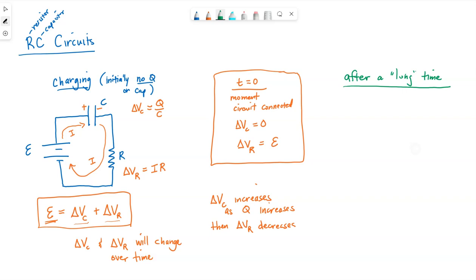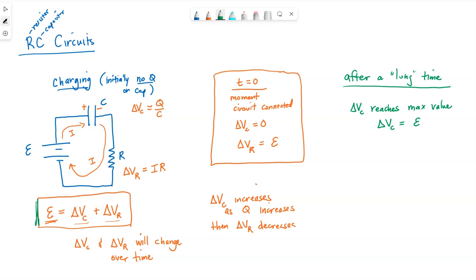After a long time, delta V for the capacitor reaches a max value, the biggest it can possibly get in this circuit. Well, the biggest it can possibly get is up to the battery voltage. So delta V for the capacitor is going to increase until it eventually reaches the battery voltage.